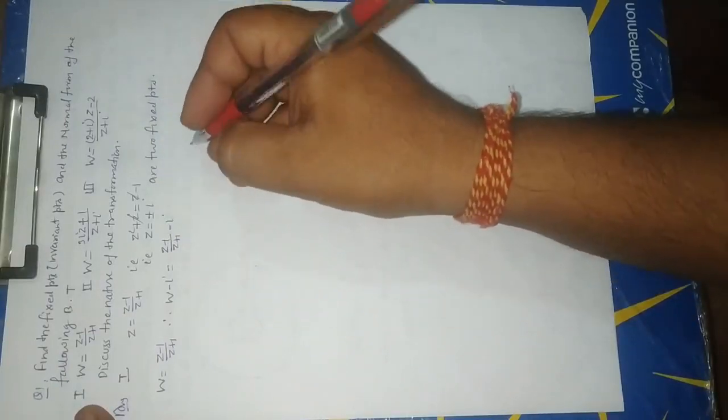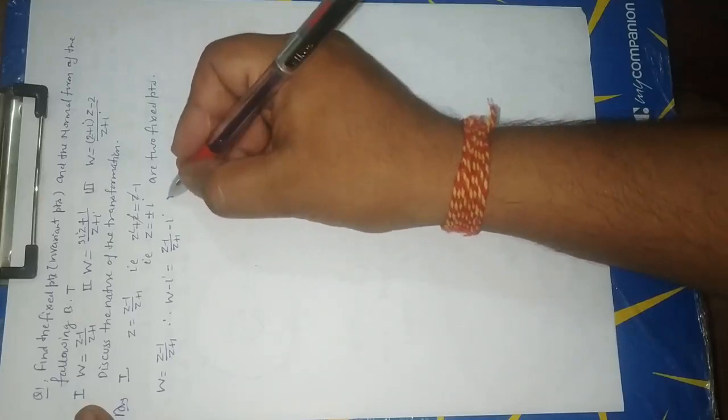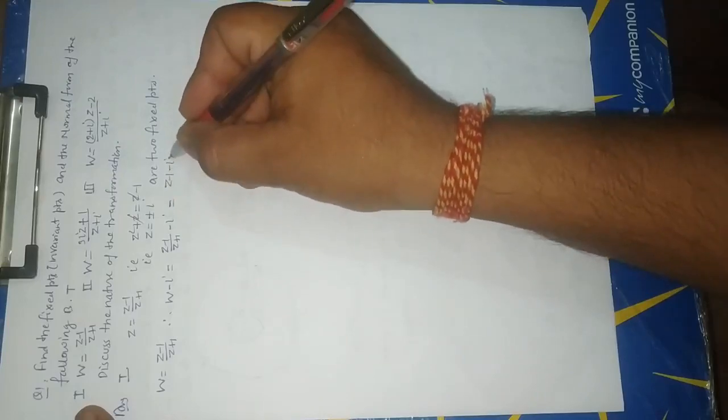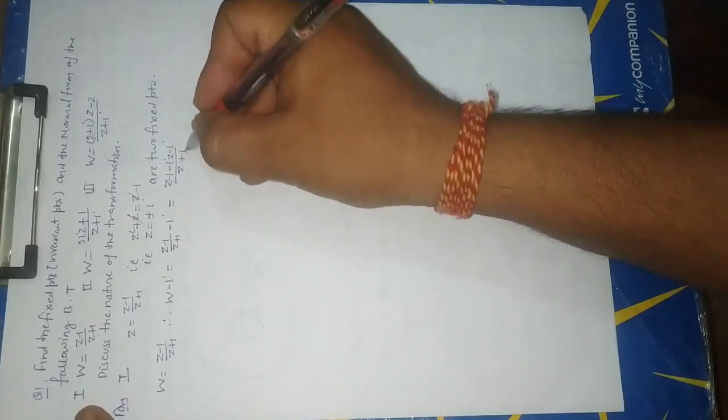Now by solving, we get (Z minus 1 minus iZ minus i) upon (Z plus 1).